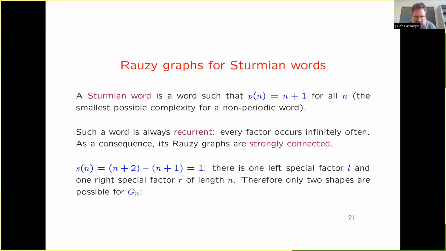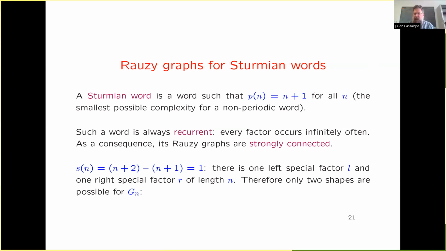And you can try to draw graphs that have these two factors. There are only two possibilities to do this and to have a graph which is strongly connected, which is another constraint for Sturmian words because they are recurrent. So you can go from anywhere to anywhere in the graph.